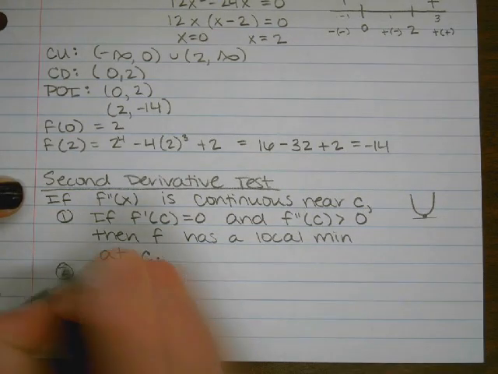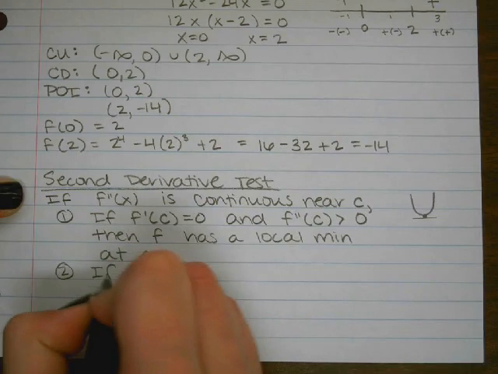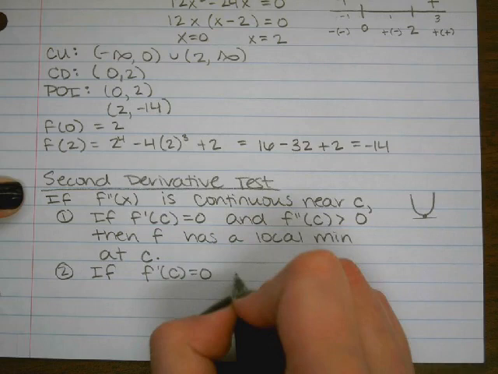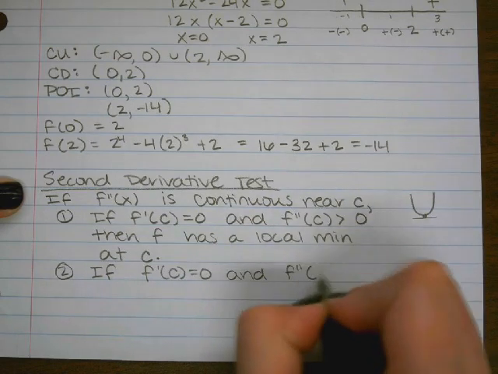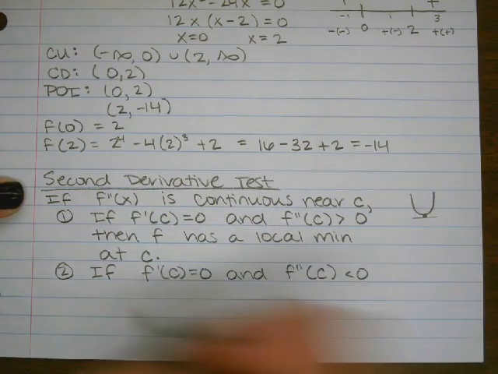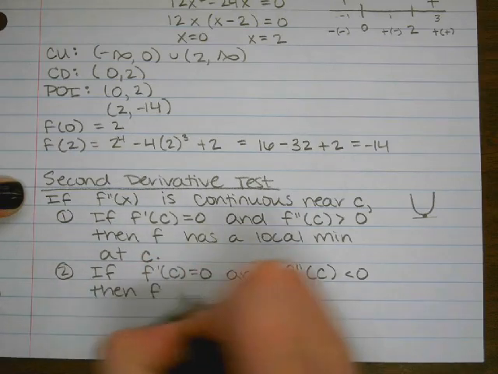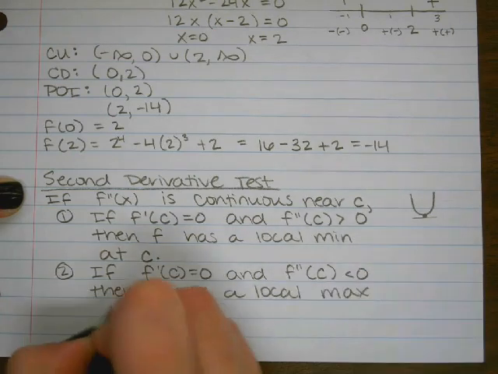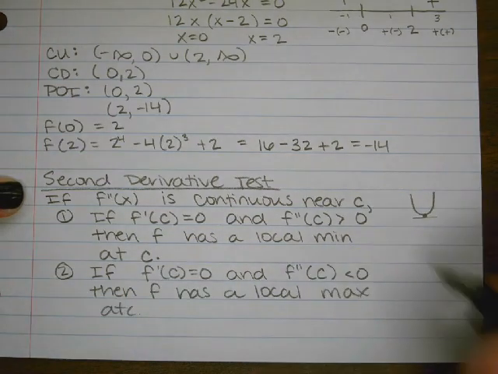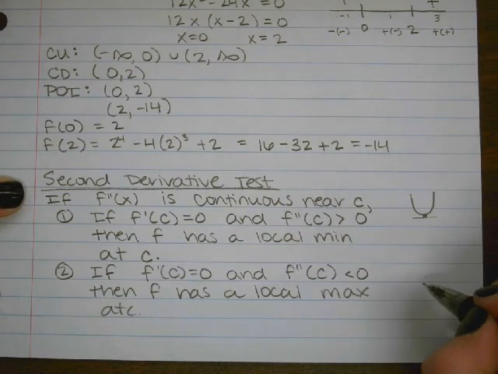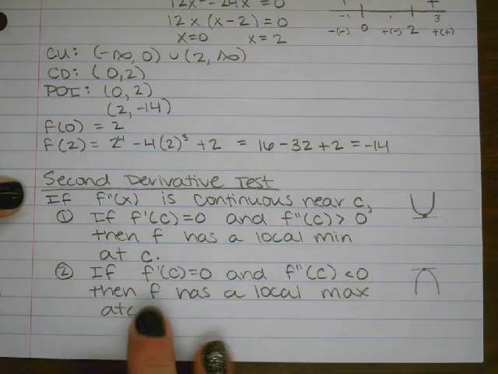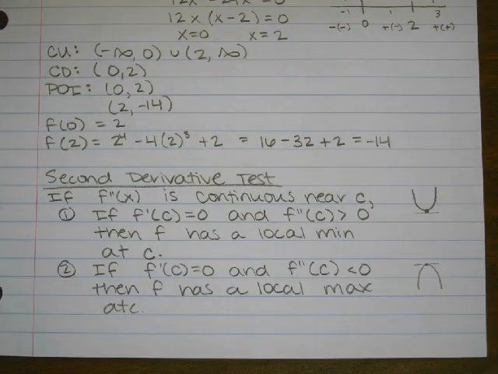And then the second part of that is if f prime of c equals 0, and the second derivative, f double prime of c, is less than 0, then f has a local max at c. So again, if we think about this, we're looking at something that is concave down, and you're looking at the point on that where the derivative is 0, then yeah, it would make sense that that's going to be a max right there.